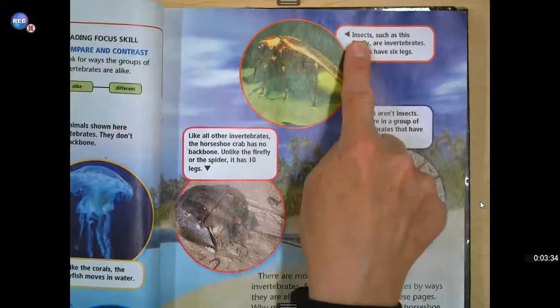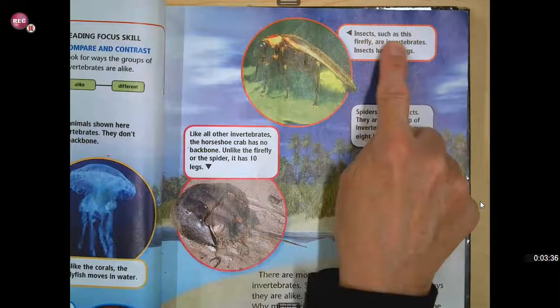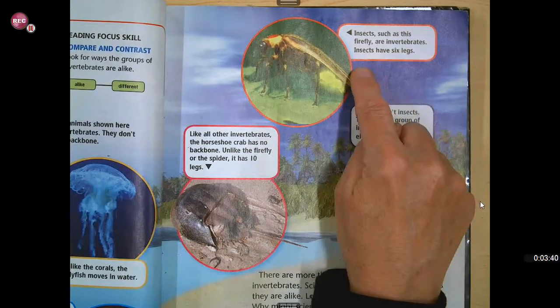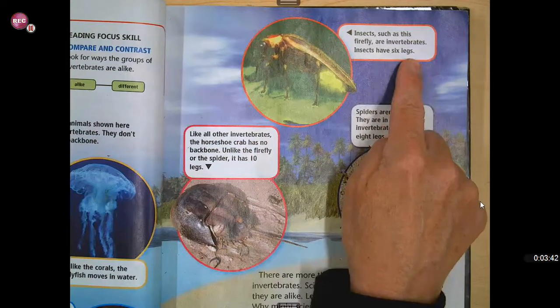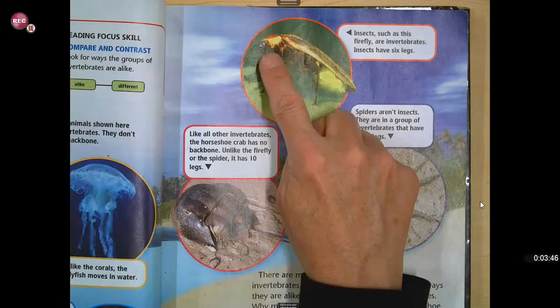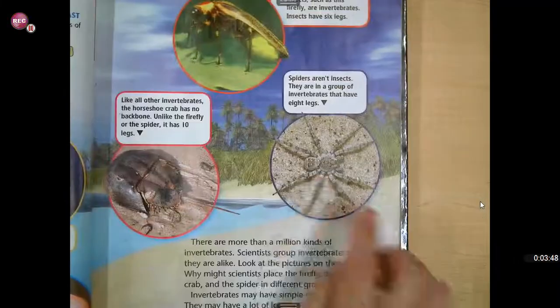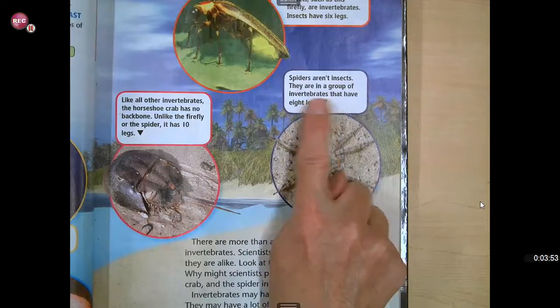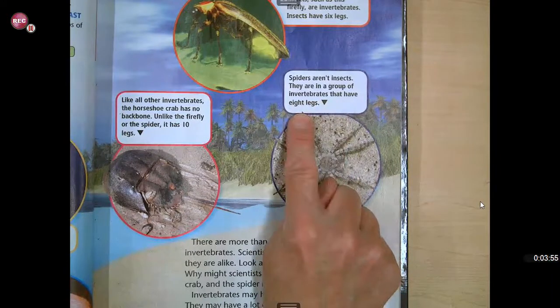Up here we have insects such as this firefly are invertebrates. Insects have 6 legs. So again, 6 legs, and it does not have a backbone. Spiders aren't insects. They are in a group of invertebrates that have 8 legs.